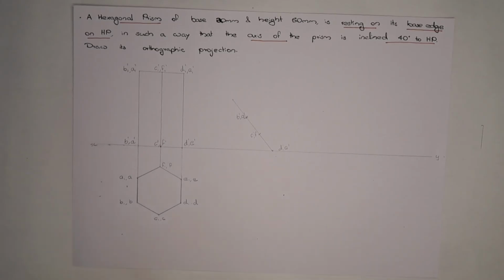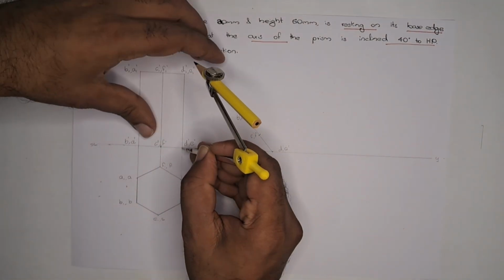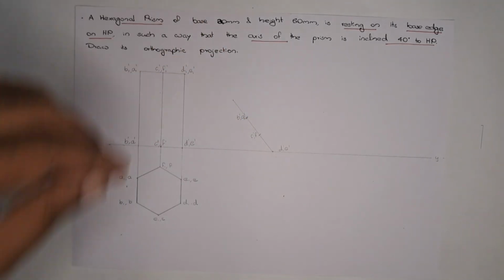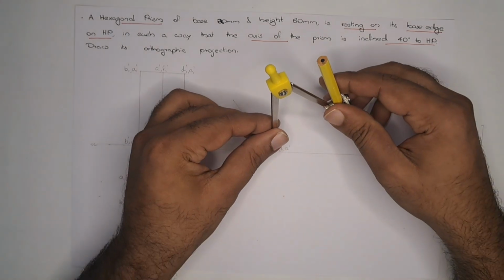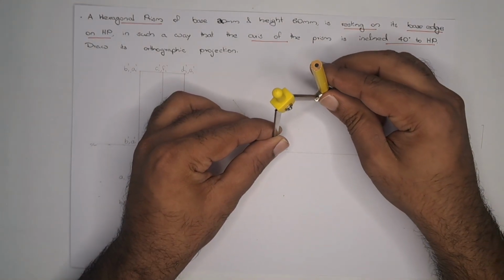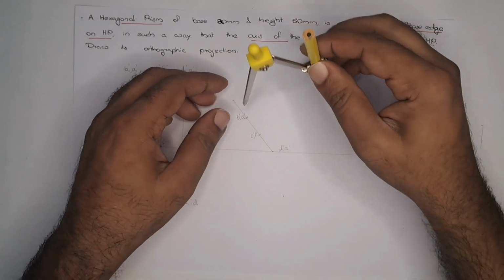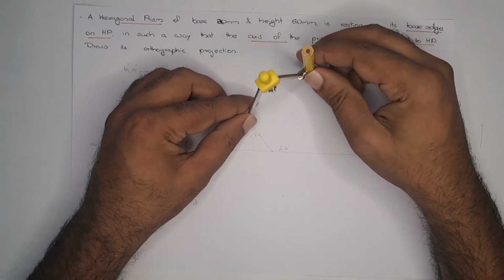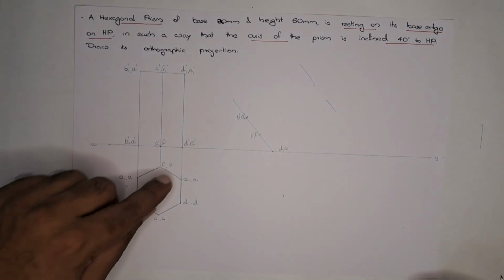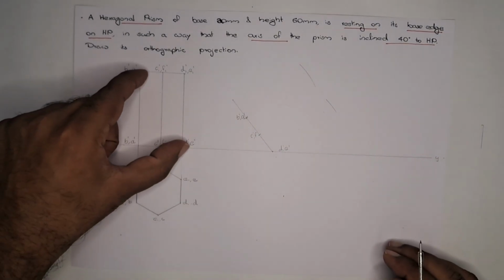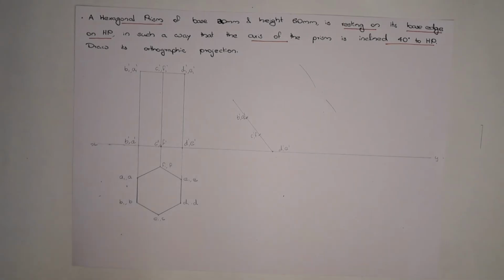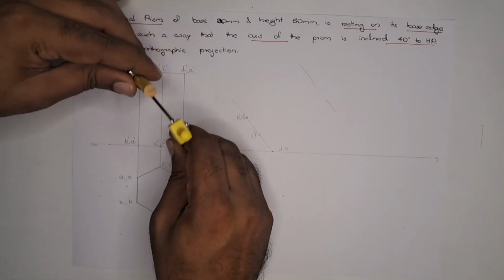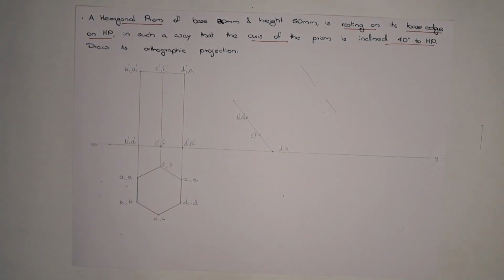Now we can take the 60 mm over here. We can mark it here. From here also we can mark the 60 mm line. Now we can use the body diagonal. So we mark this distance DA.